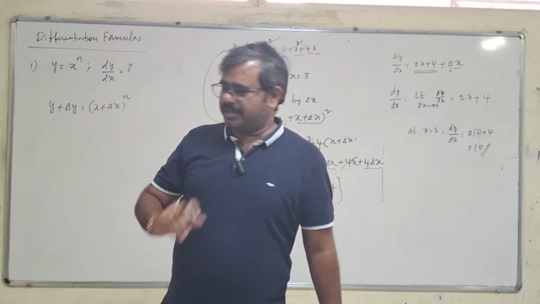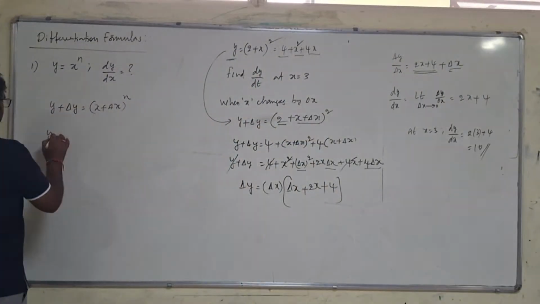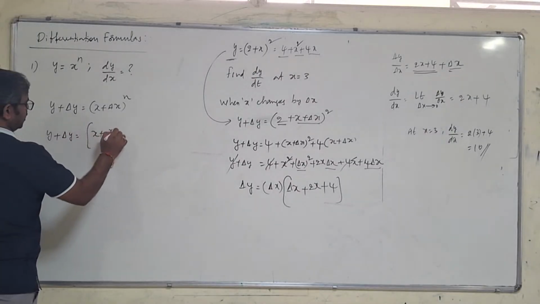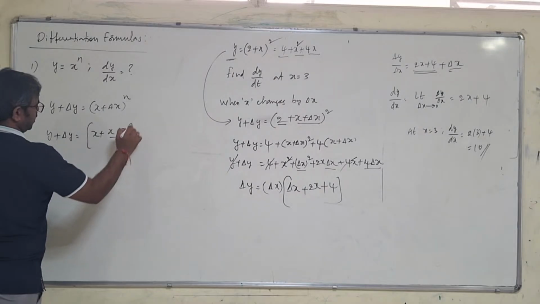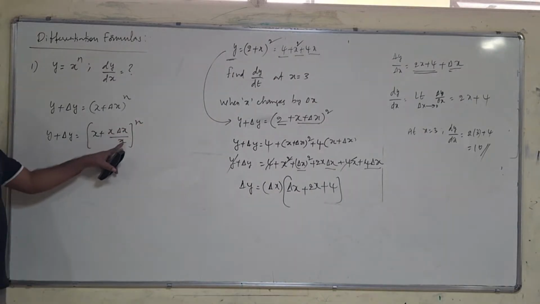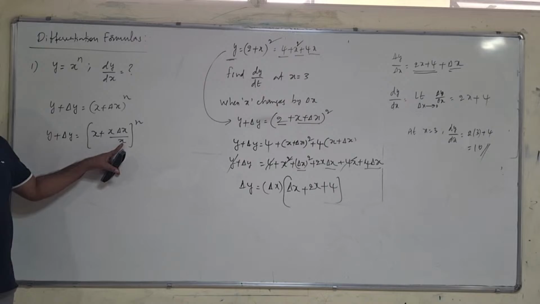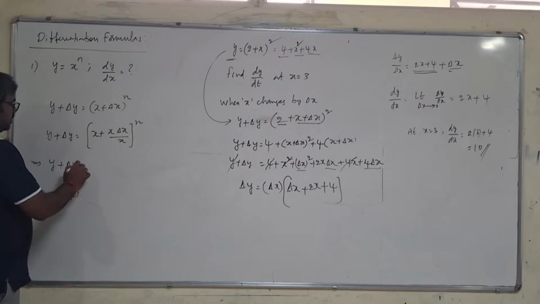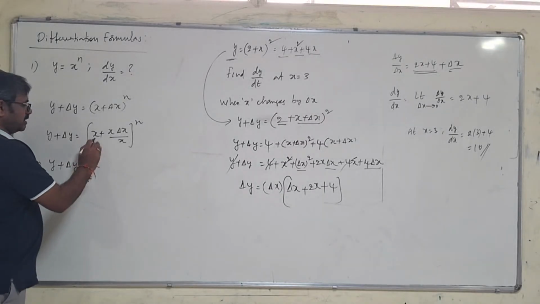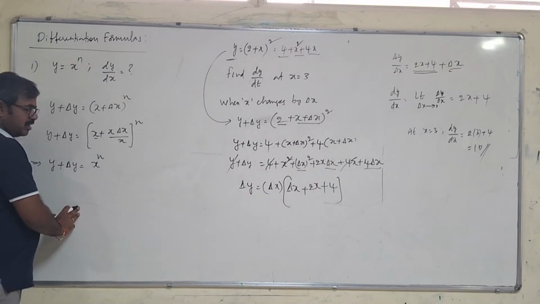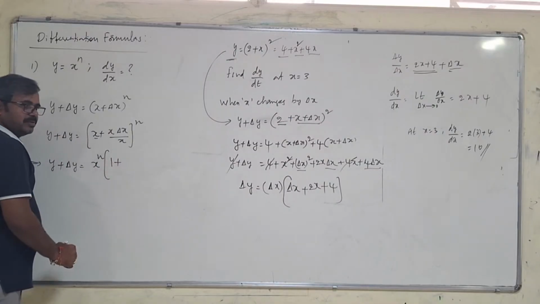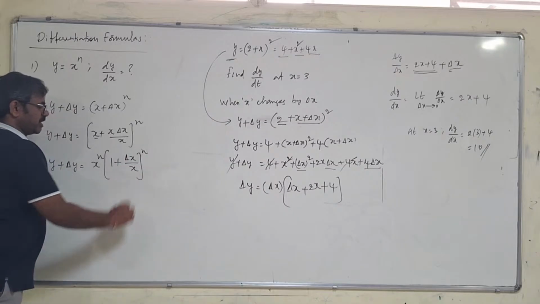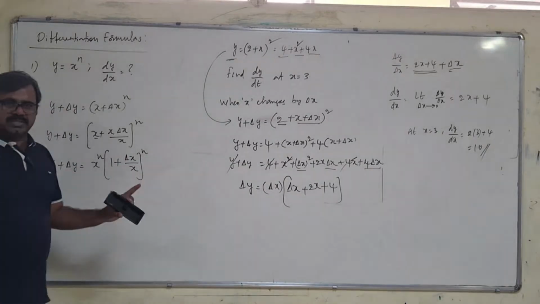Okay, listen to me. y plus delta y, I'll take x out. y plus delta y is equal to x is common, x power n comes out. What do you have inside? 1 plus delta x by x whole power n. You understand this?